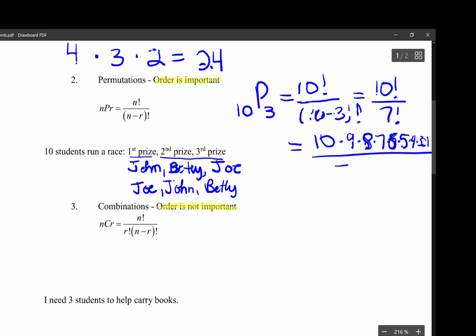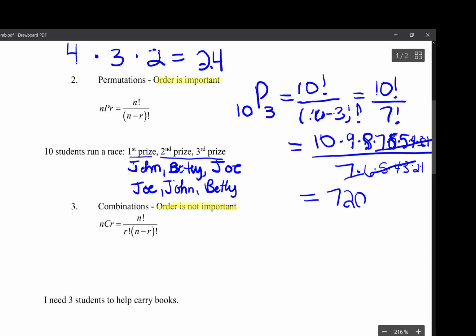So 7 factorial would be, you got it, 7 times 6 times 5 times 4 times 3 times 2 times 1. Okay, so you'll notice these cancel, right? So I'm left with 10 times 9 times 8, which is 720.